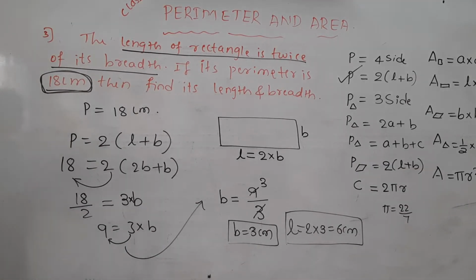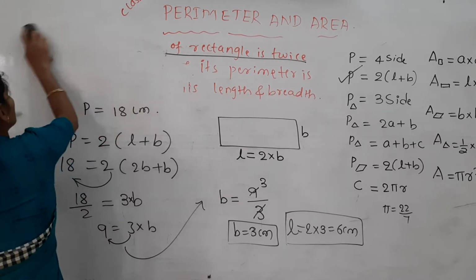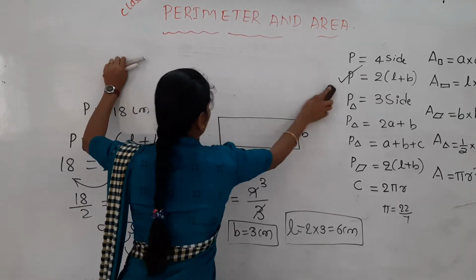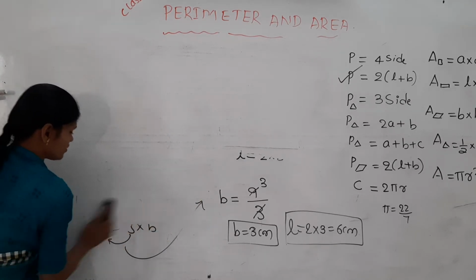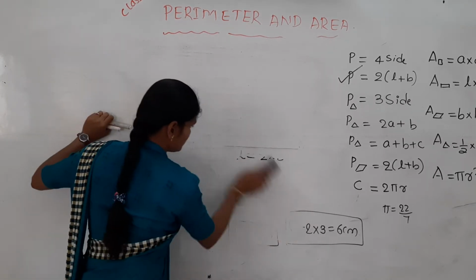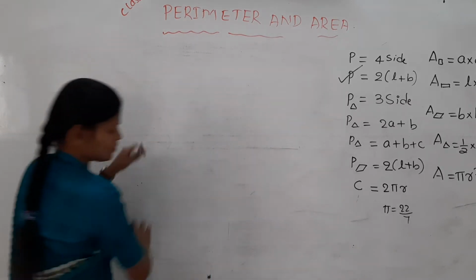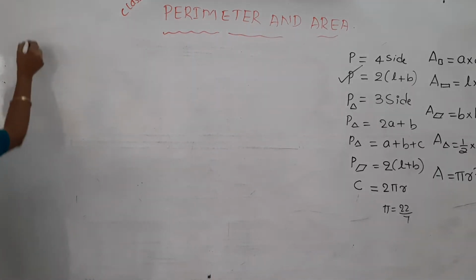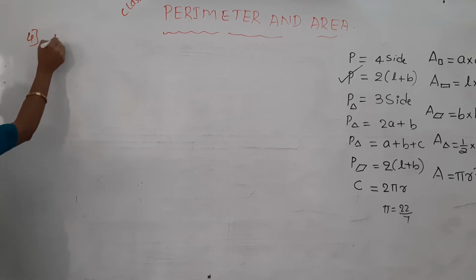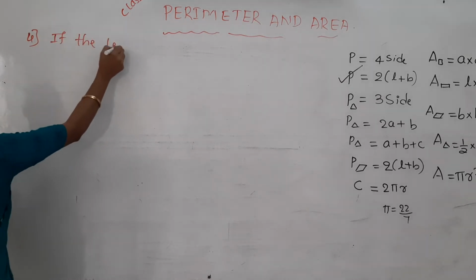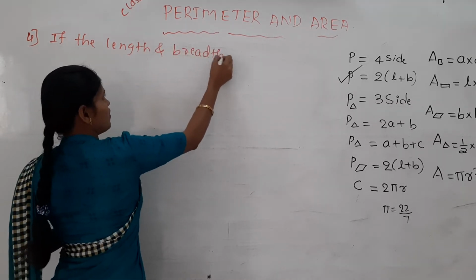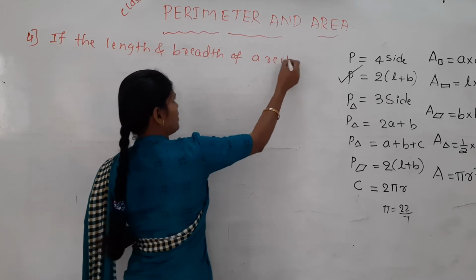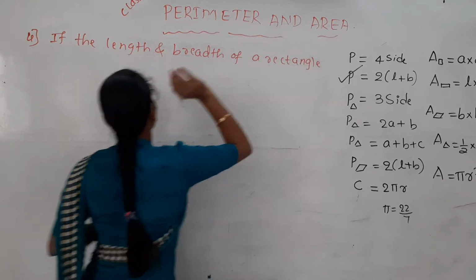If the breadth and perimeter of a rectangle are 2 cm and 14 cm, then you have to find its length. Take here, looking forward. Whatever you can take.